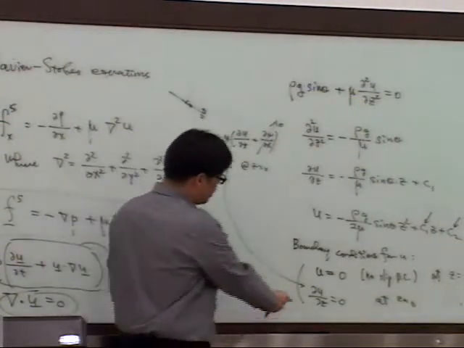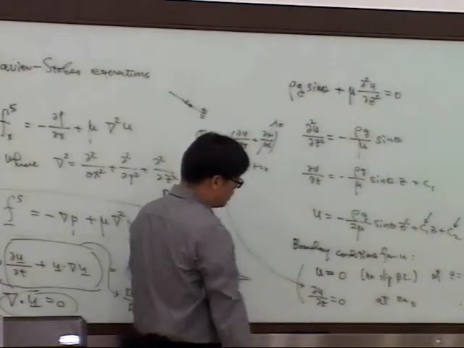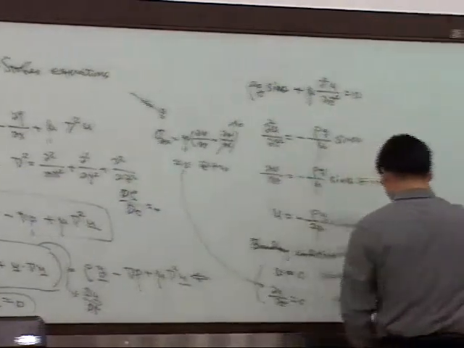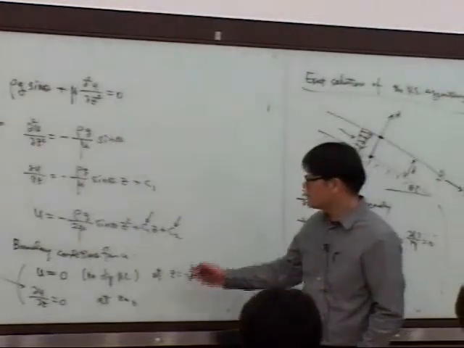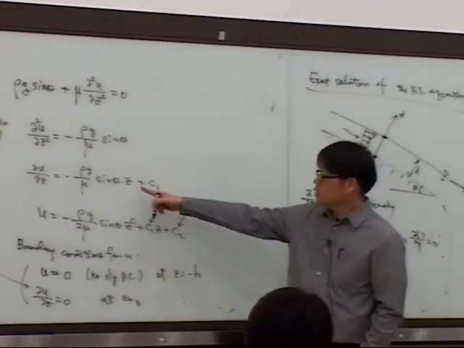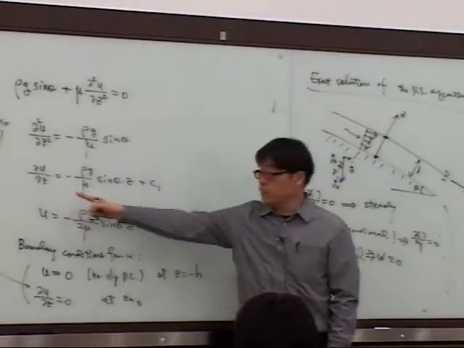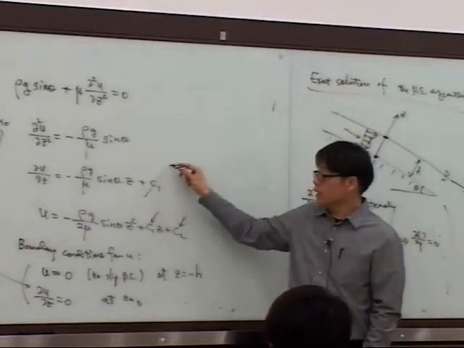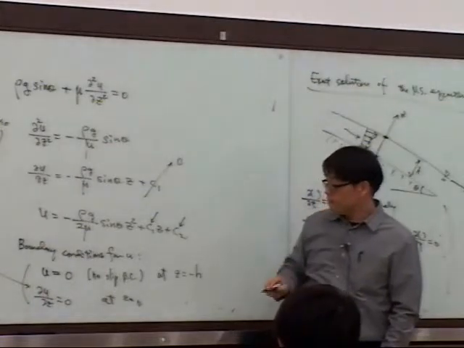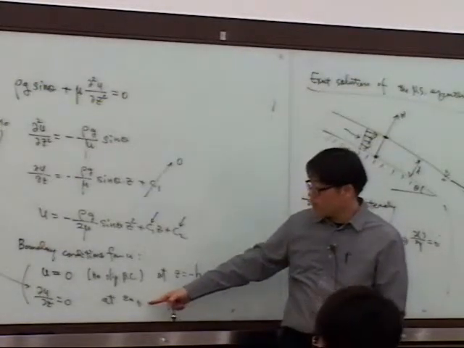So you plug in this boundary condition here, and what do you get? At z equal to 0, this guy has to be 0, meaning that this guy is 0 from here.